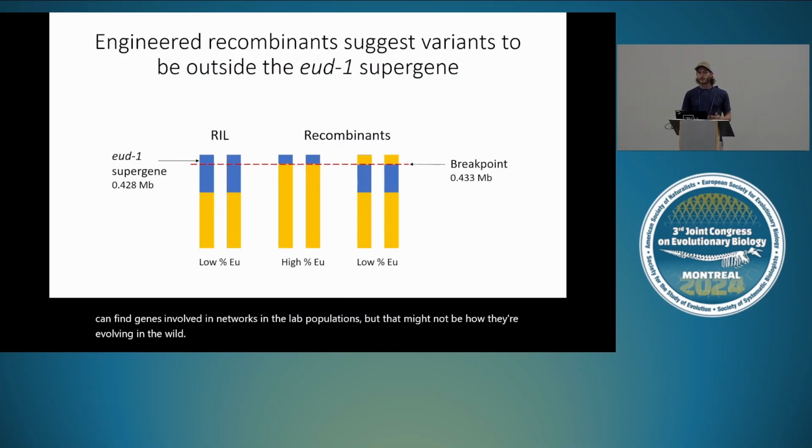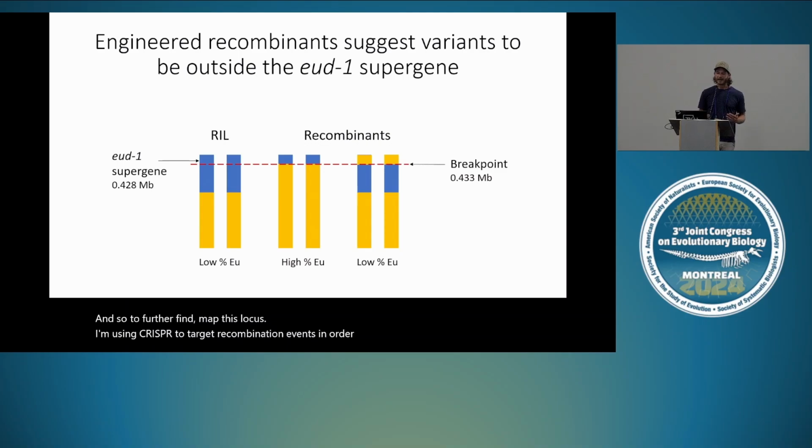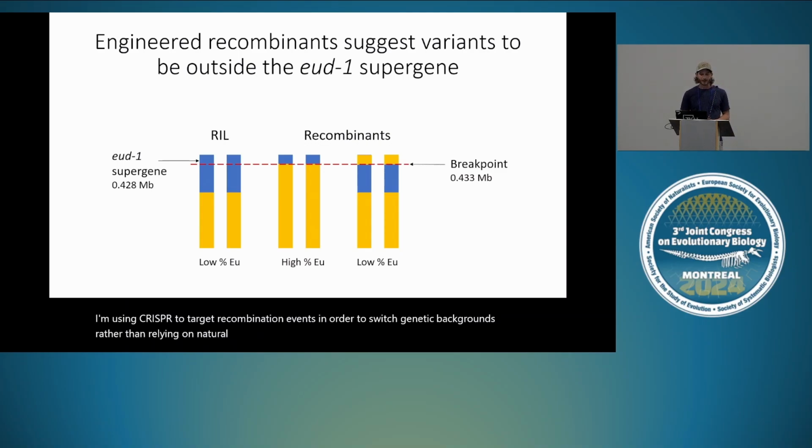And so to further fine map this locus, I'm using CRISPR to target recombination events in order to switch genetic backgrounds rather than relying on natural recombination. So I've done 1 to completely exclude the UD1 gene, and there are no known genes within this blue region on the right. So I'm going to keep fine mapping this through CRISPR experiments.